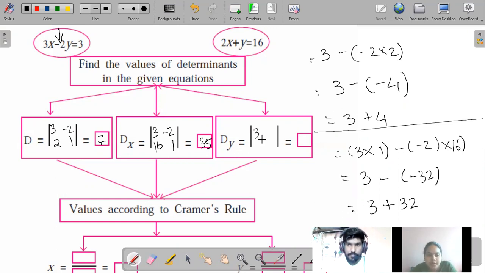Replace it with what? With this. 3 and 16. Yeah. First column as it is. Second column 3 and 16.